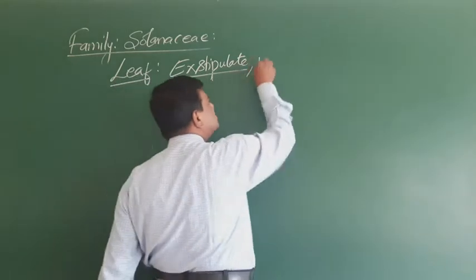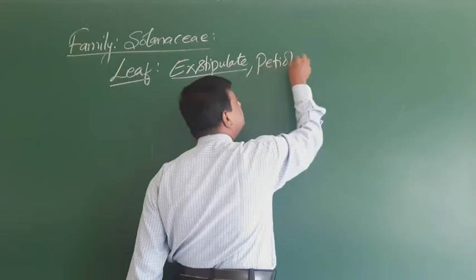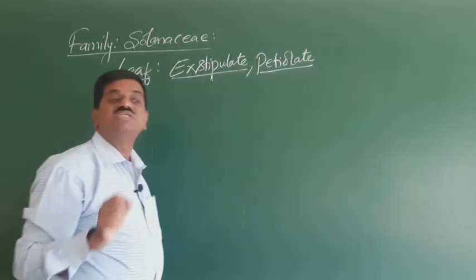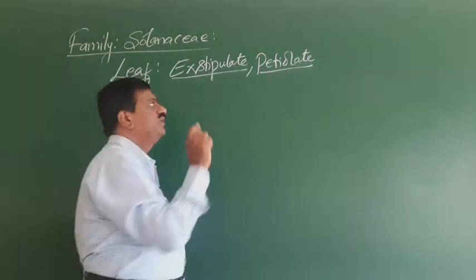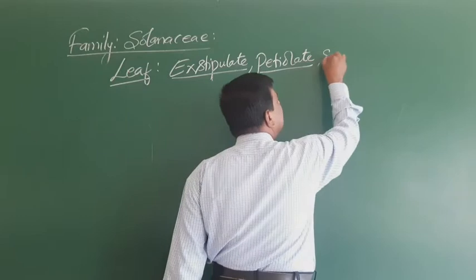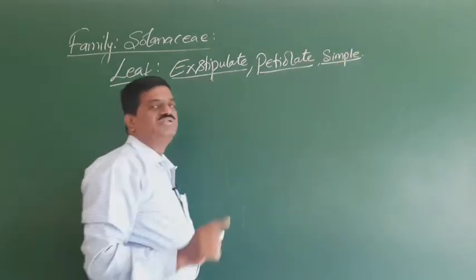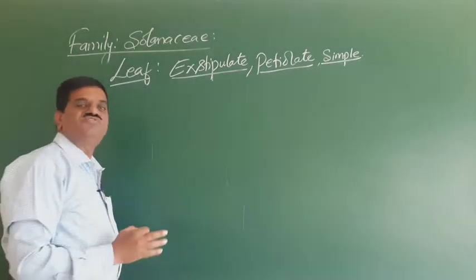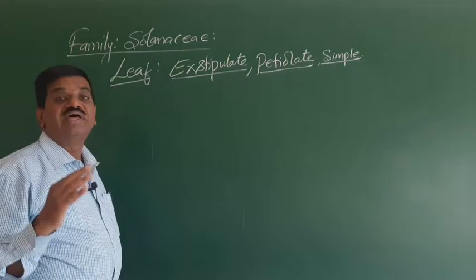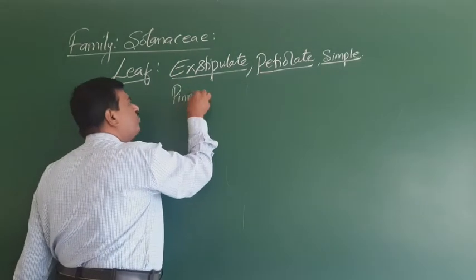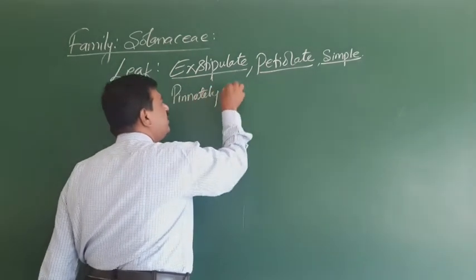And the next one is called petiolate. The word petiolate means petiole is present. Petiole is present, hence it is called petiolate. And the leaf is simple. Here the leaves are always simple. Rarely in this family, a pinnate compound leaf is also present.